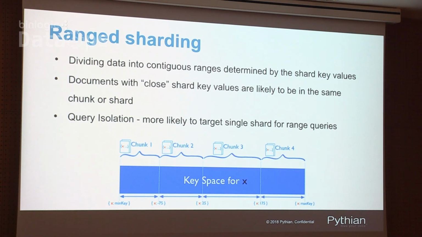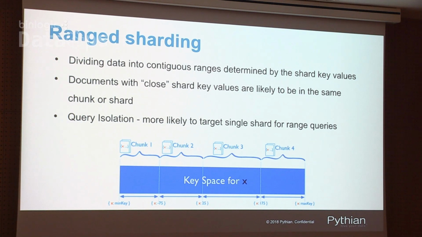So range-based sharding is dividing your data into continuous ranges determined by the shard key values. What does that mean? For example, if you have shard key X, starting from the min key up to a certain range, you have one chunk, then a second range and a third, and so on, up to the max key.